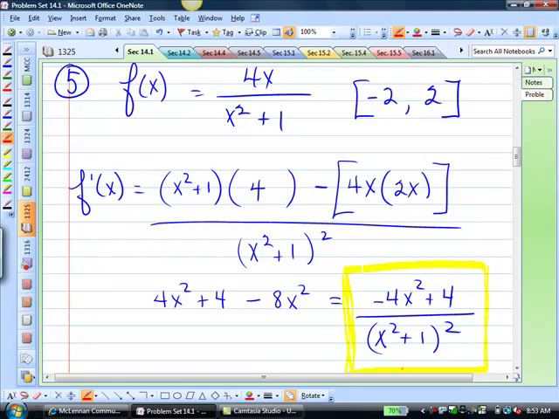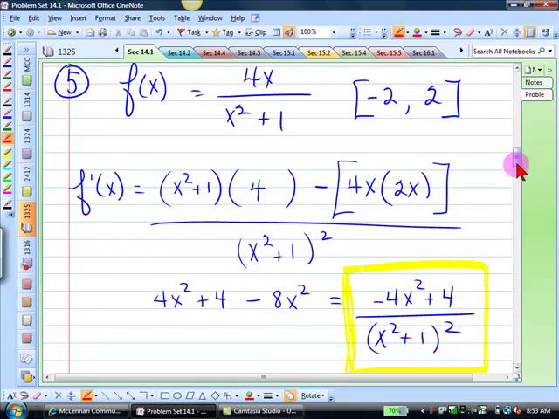Any questions on just finding that derivative? You're going to set that equal to 0. What's going to happen to this bottom part? It's going to go away when you're setting it to 0. So you're really just worried with this negative 4x squared plus 4.